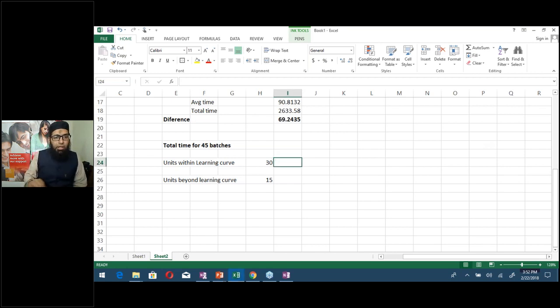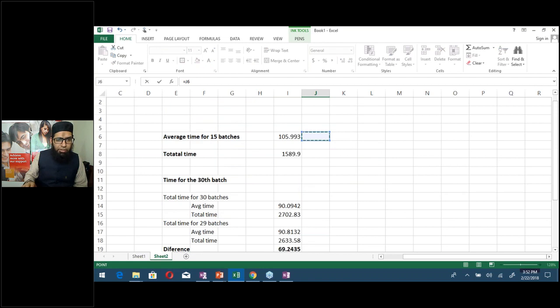Now, the units within the learning curve, their total time should be calculated in the way that we calculated the total time earlier. As we had already calculated it, the total time for the 30 units will be 2702.83.